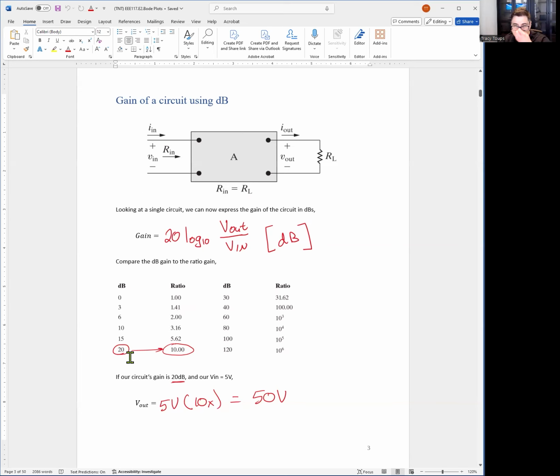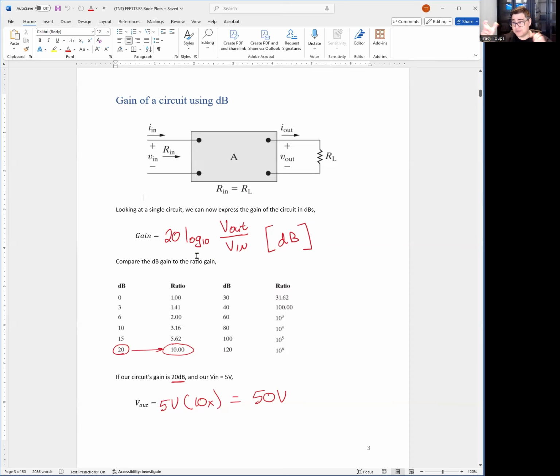The big ones we typically look at are the groups of 20s. If you have a dB of 20, that means your gain is 10 times what it originally was. If you have a gain of 40, that means you're at 100 times. If you have a gain of 60, it's 1,000, 80 is 10,000, and so on. Okay. So as you can see, the dB scale rises exponentially because it's logarithmic to begin with.